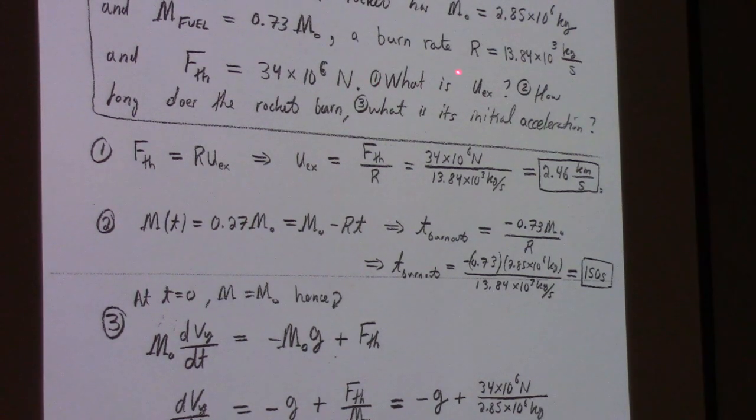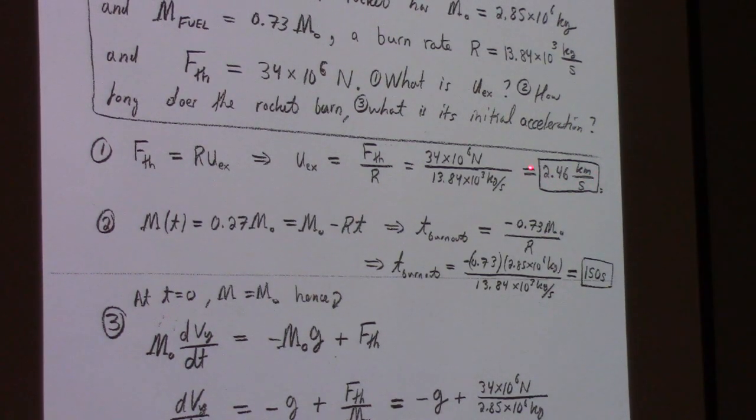So my questions are: what's the velocity of the ejected matter, and how long does the rocket burn? What's its initial acceleration? I play with the numbers and the formulas we've just been looking at, and I find that the velocity of the exhaust is about 2.46 kilometers per second.